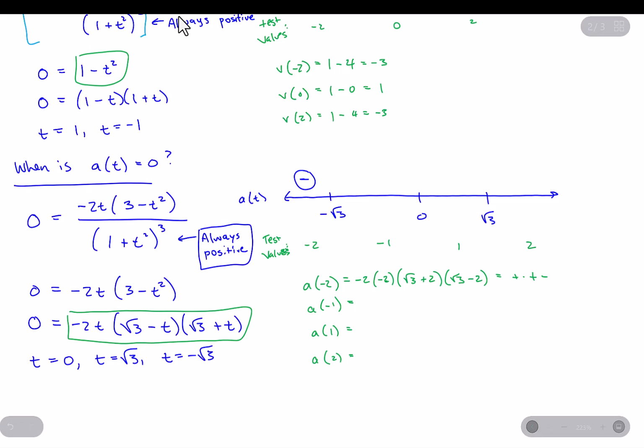All right, moving on to the next value of -1. Let's see, that would be -2 times -1, root 3 plus 1, root 3 minus 1. All right, so negative times negative is a positive. Root 3 plus 1 is a positive. Root 3 minus 1, that's also going to be positive. So everything's positive on that interval.